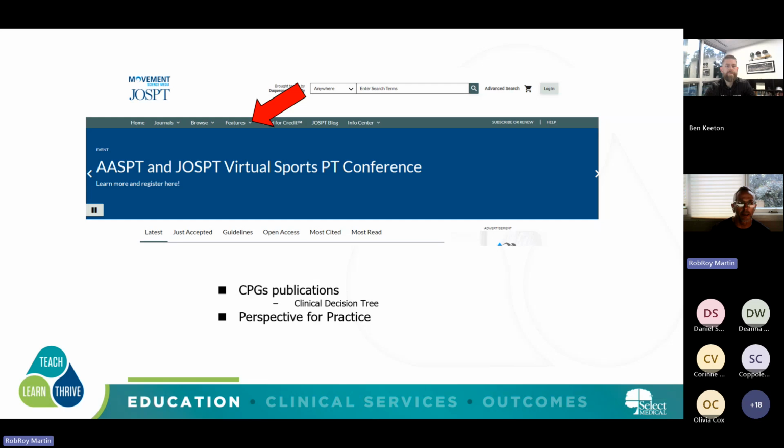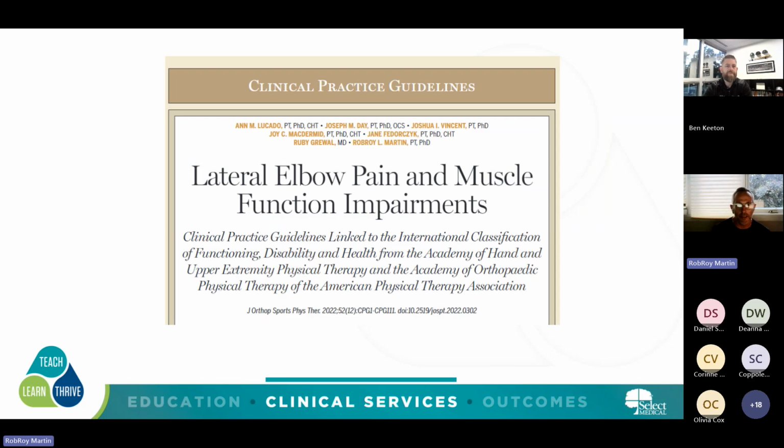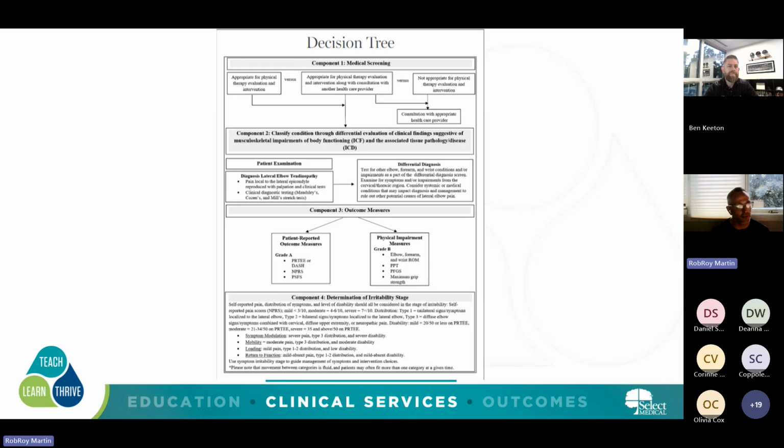So again, I will be talking about the lateral elbow pain, really lateral elbow tendinopathy, clinical practice guideline that we published in 22. I think one of the gems of these CPGs, and I'm proud of, are these decision trees.